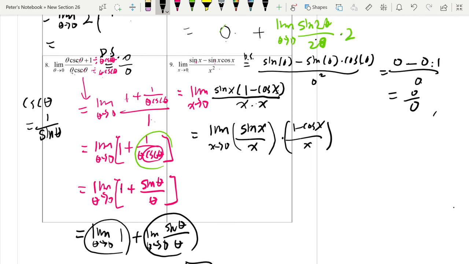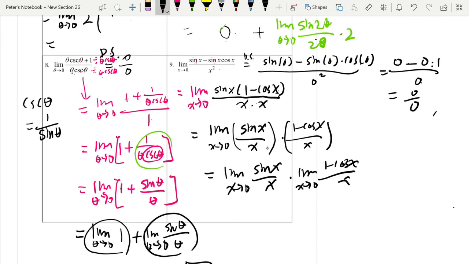Do you see that? Pretty nice breakup right there, yeah? And then you can rewrite this as the limit of sine x over x as x approaches 0, times the limit of 1 minus cosine x over x as x approaches 0.